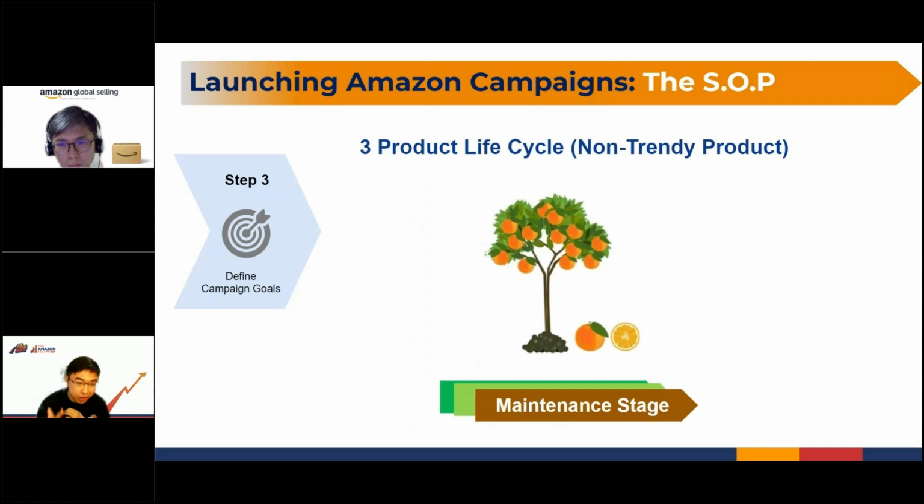So there are three different cycles, and each product life cycle requires a different PPC strategy. The honeymoon strategy is very different from your growth strategy, and the growth strategy is also very different from the maintenance stage strategy. This is where we rub shoulders and huddle with other 7, 8, 9 figure sellers, and explore how they grow consistently with a proven method so that we can win on Amazon altogether.